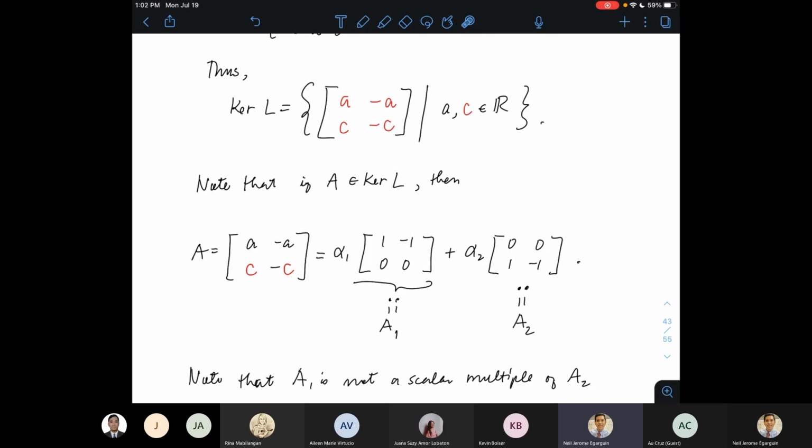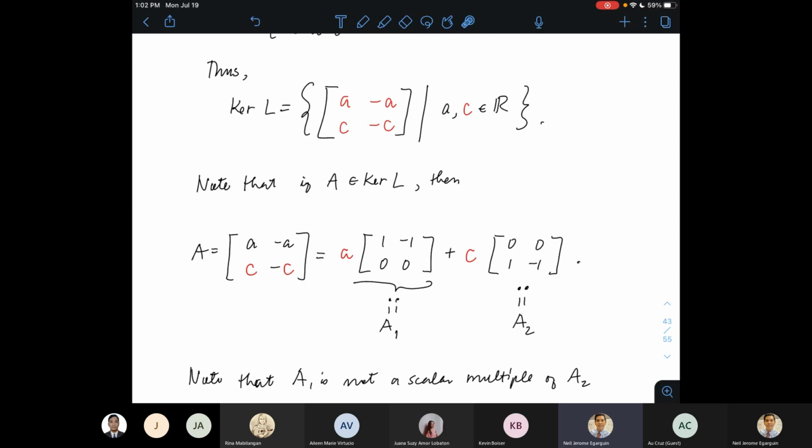Okay? Now, paano makakakuha ng basis para kay ker L? Kailangan ko makakita ng linearly independent set na nag-span sa buong kernel. Alright? But note that any element A of the kernel, which is of this form, can be written as a linear combination of this form, A and C. Tama?